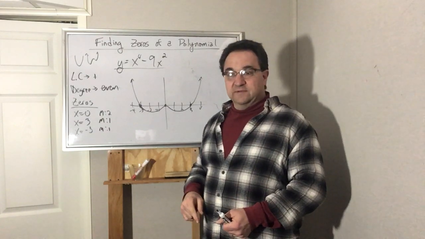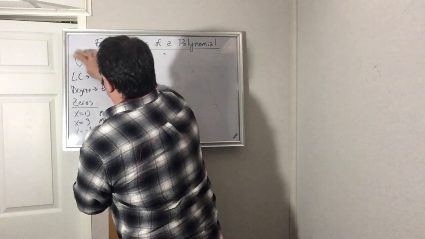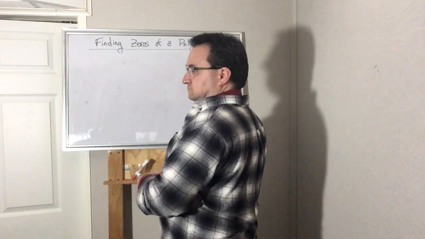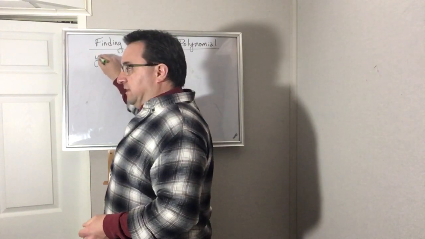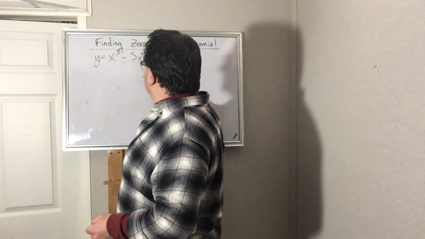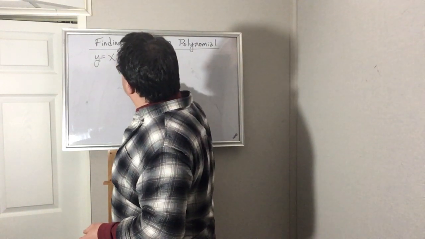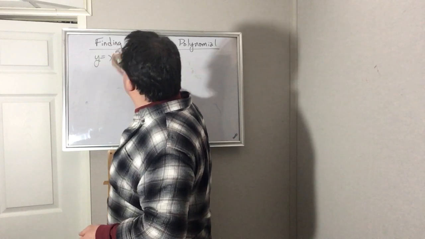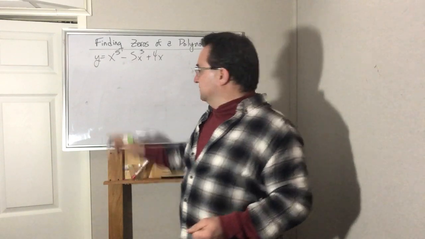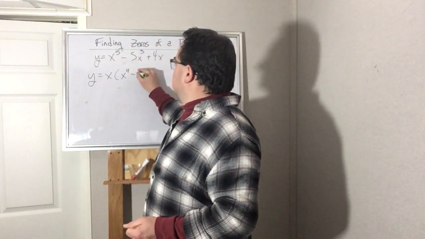All right, let's go for example number 2. Y equals x to the 5th minus 5x to the 3rd plus 4x. Now in this problem, I see I get an x in all terms, so I can undistribute or factor out that x.